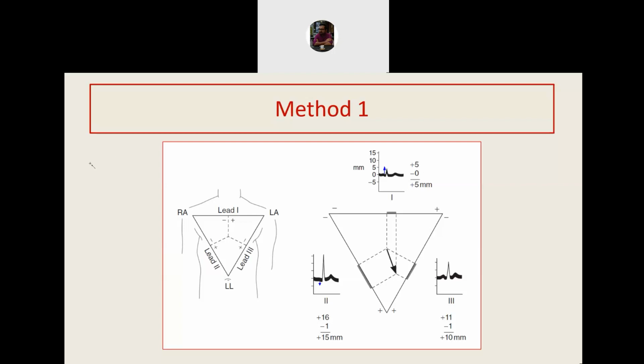So you plot this along lead 1 as a 5 millimeter plotting. So it should be a graph paper and 5 millimeters should be drawn here. Similarly, in lead 3, this is the axis of lead 3. Suppose you are getting plus 11 on top and minus 1 below.